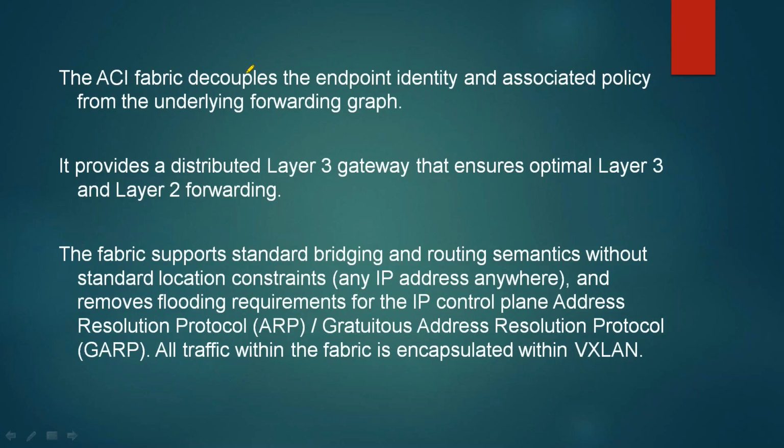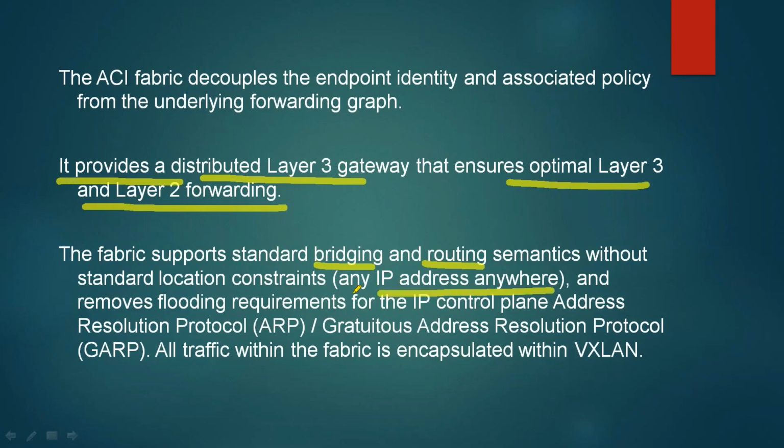Here you can see in the points that the ACI fabric decouples the endpoint entity and associated policy from the underlying fabric forwarding graph. That's the main key we have. Then it provides a distributed layer 3 gateway and ensures optimal layer 3 and layer 2 forwarding. The fabric supports standard bridging and routing semantics without a standard location constraint.